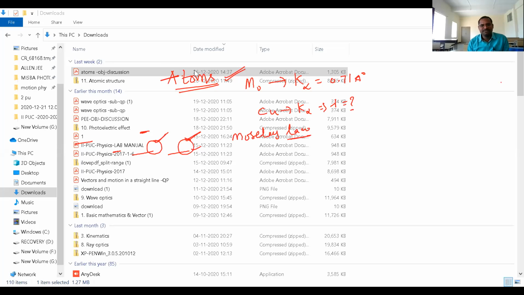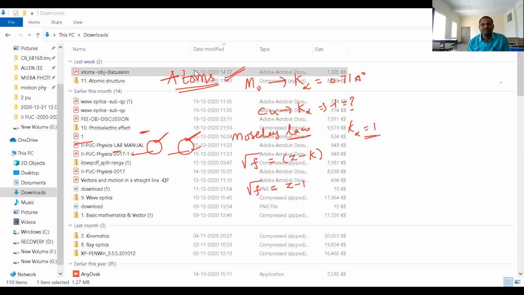Its statement is: square root of frequency is equal to some constant into (atomic number minus k), where k is a screening constant. For K alpha, its value comes out to be 1. Means square root of frequency is equal to Z minus 1.